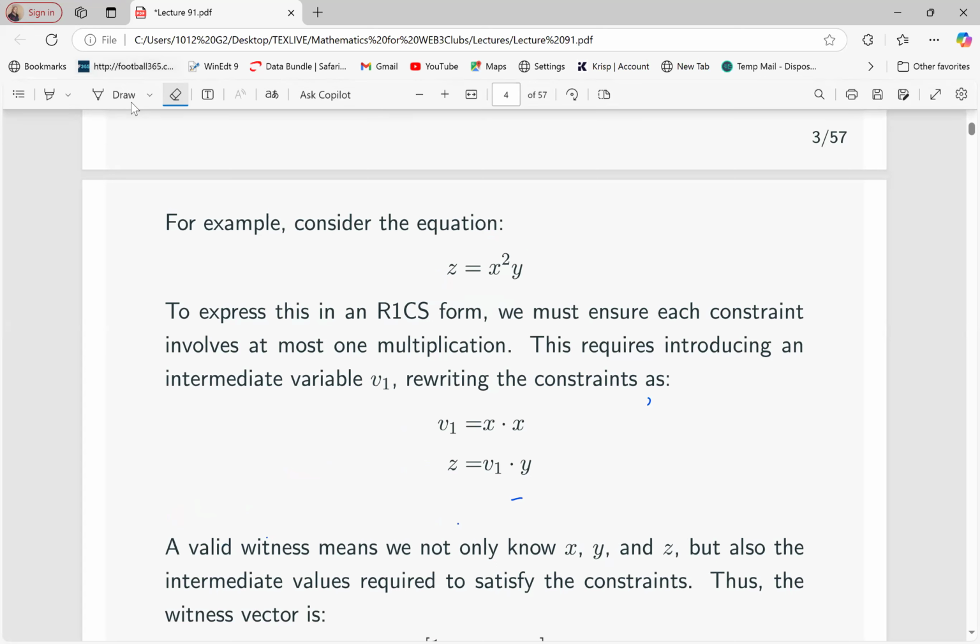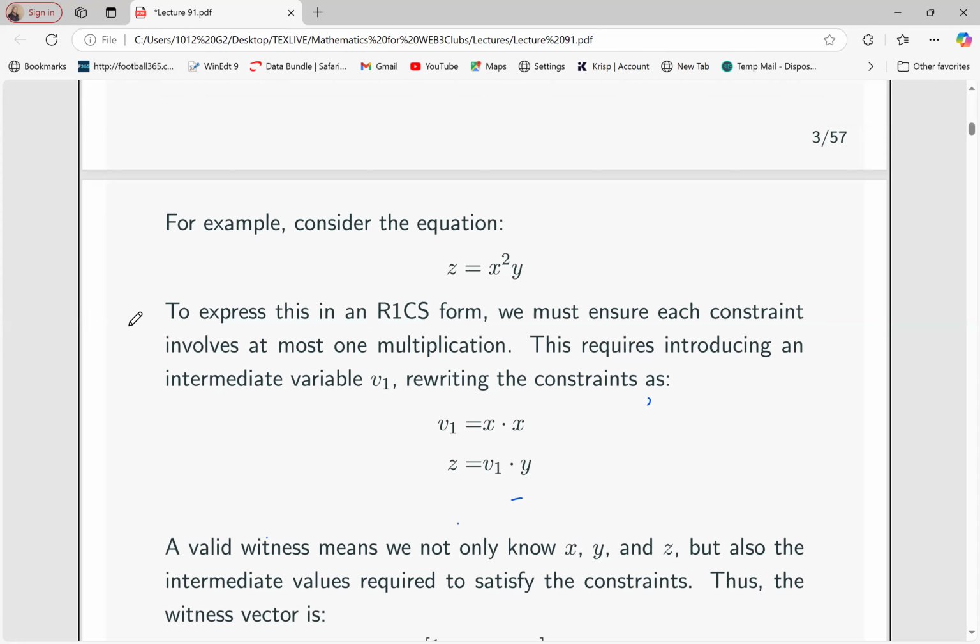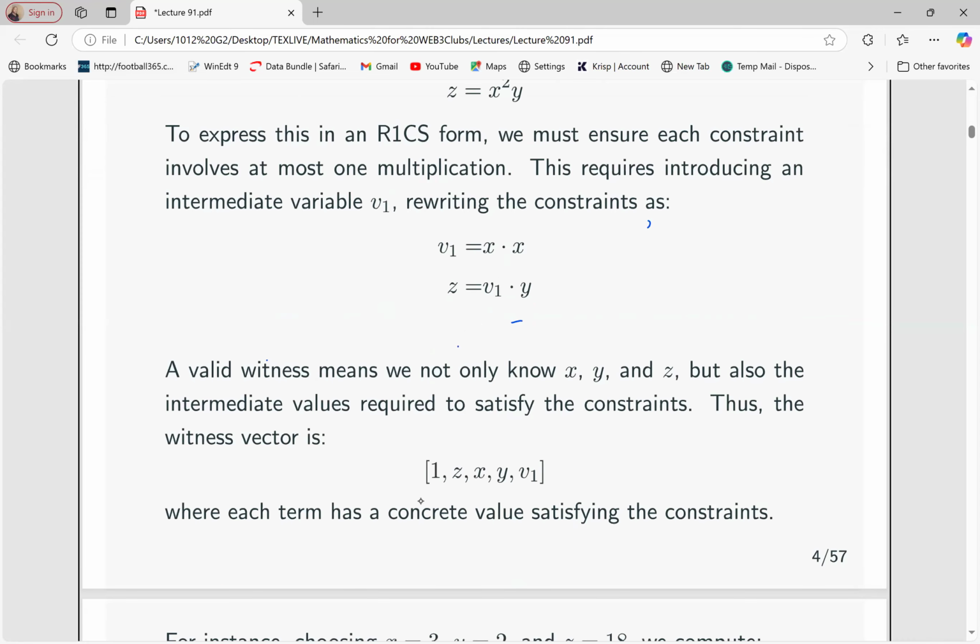And we also say that the first entry of that vector should be 1. So we now have our witness as this. This is now our witness, with the 1 that we said we must always enter as the first entry, then Z, then X, then Y. After you've listed the entries, you can now list the intermediate values.